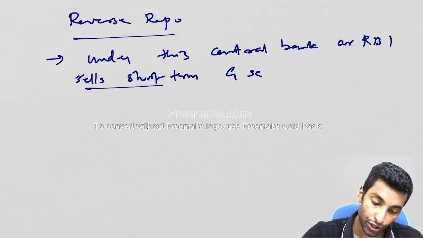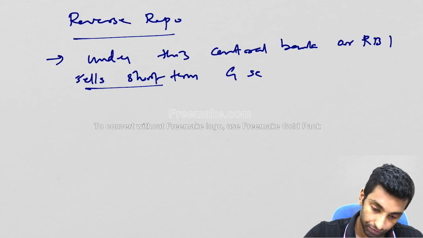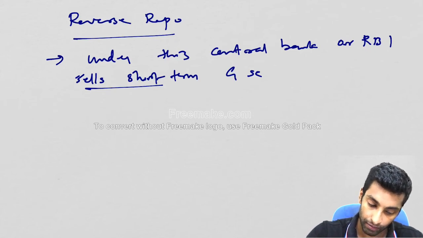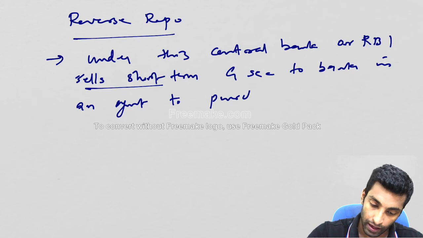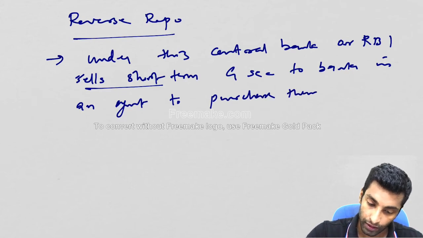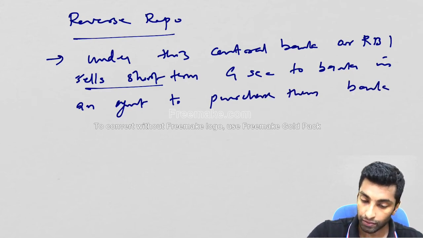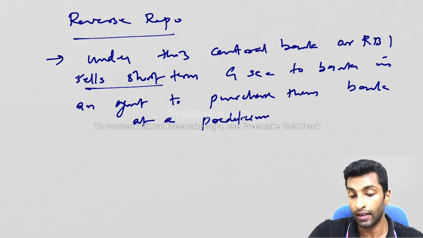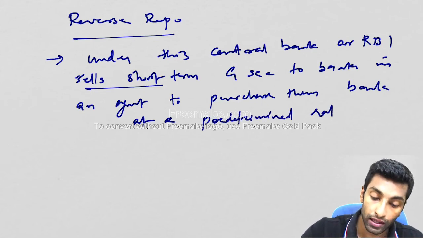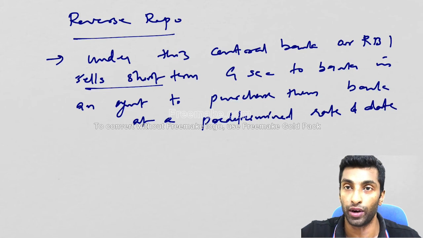Okay, sell short-term government securities to banks with an agreement to purchase them back at a predetermined rate and date. This rate is what you call the reverse repo rate.